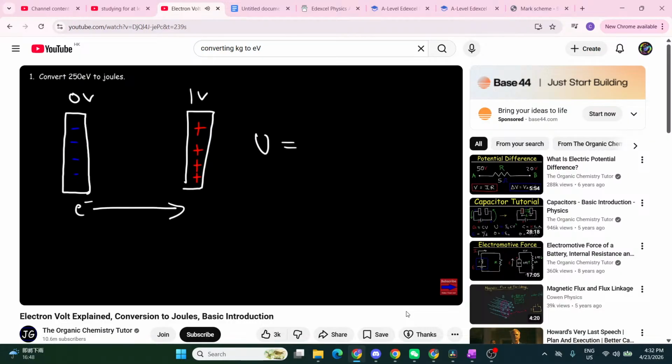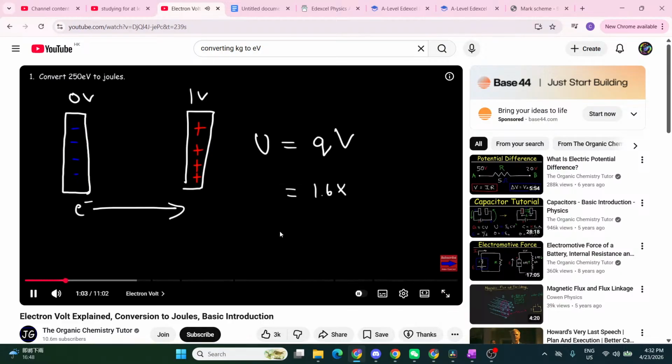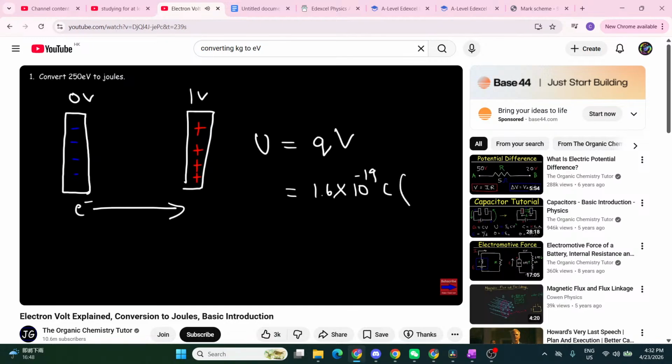The electric potential energy is basically equal to the product of the charge times the electric potential in volts. The magnitude of the charge of an electron is 1.6 times 10 to the negative 19 coulombs. In this example, we have a potential difference of 1 volt. 1 volt is equal to 1 joule per coulomb, so the coulombs cancel. For an electron that moves through a potential difference of 1 volt, it's going to acquire 1.6 times 10 to the negative 19 joules.